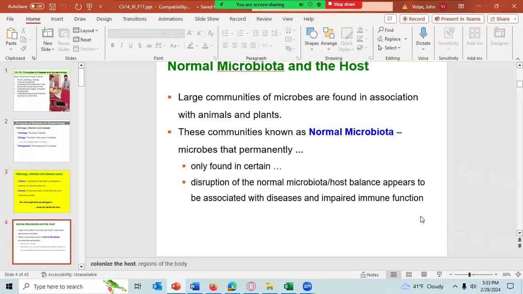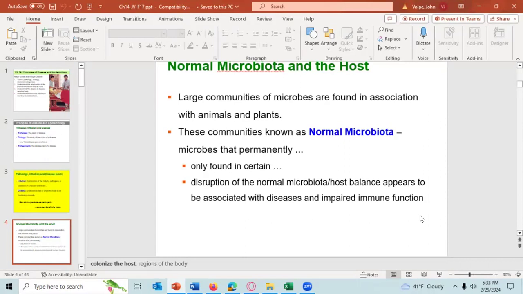All right. Each animal and plant has a normal microbiota, a large community of microbes found in association with the animal and plant. For humans, you should call it the human normal microbiota, because even of mammals, for example, they will have different normal microbiota.